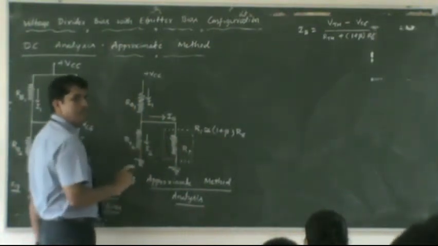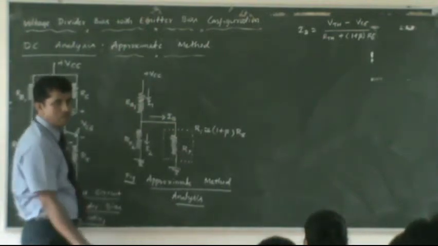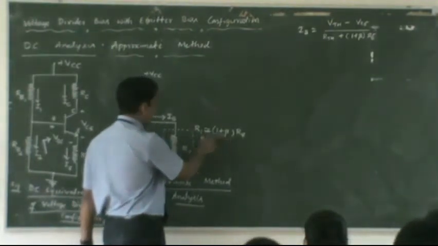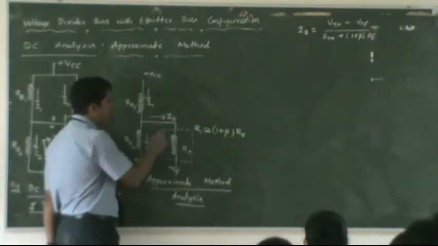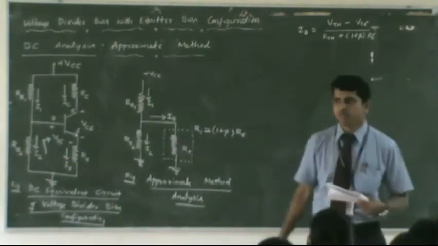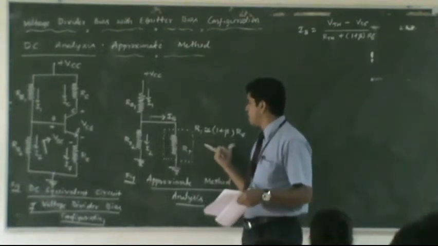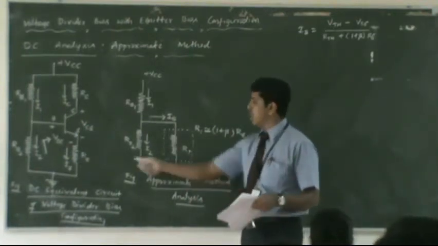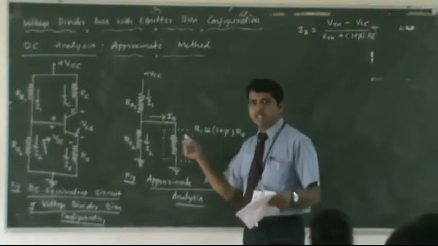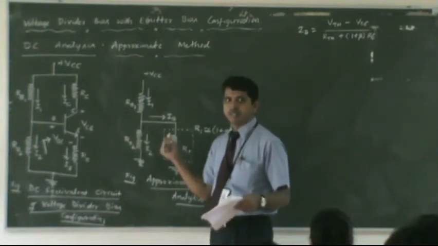As we said already, the approximate method depends on certain conditions. The condition here is that if Ri is very much larger than RB2, what happens to this current? The current will be less. If Ri is very much larger than RB2, maybe 10 times, 100 times larger, what will be the current flowing as IB?